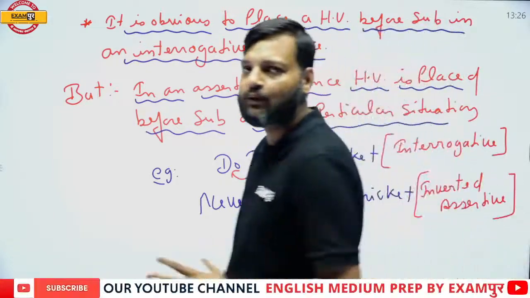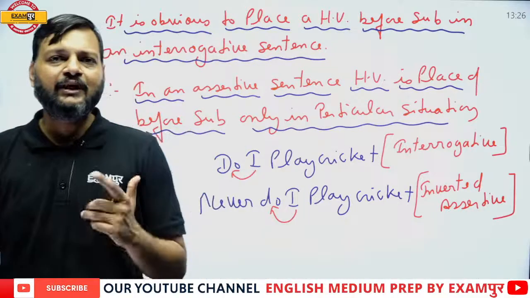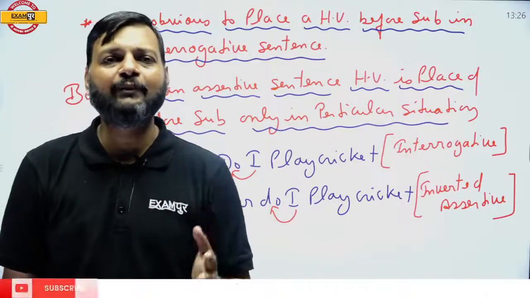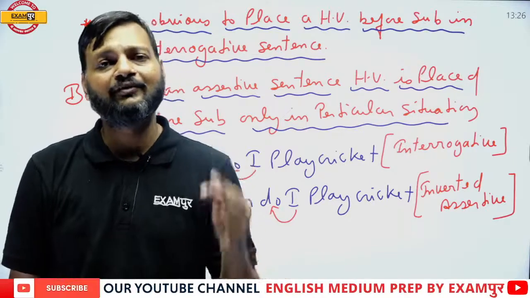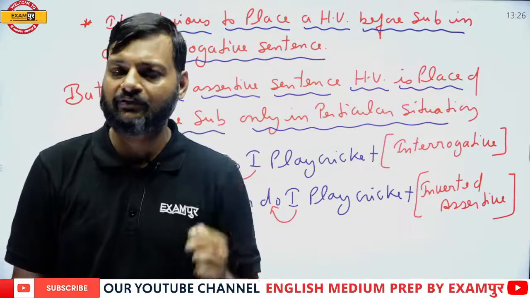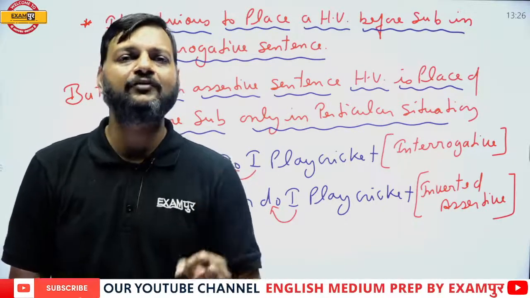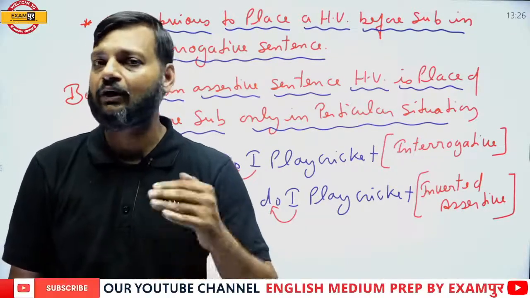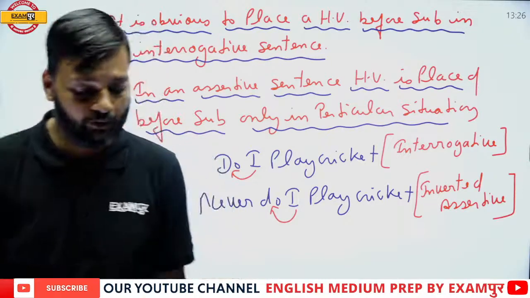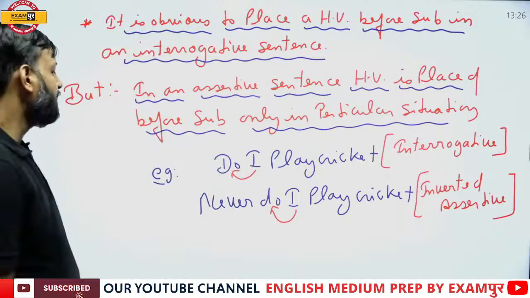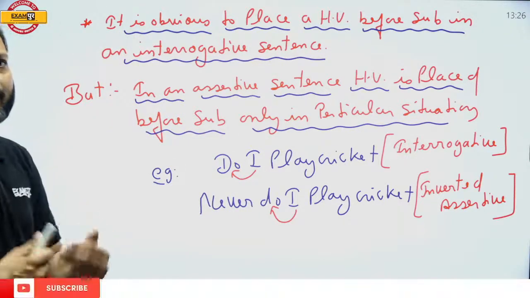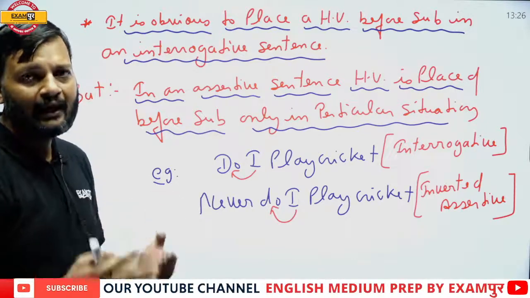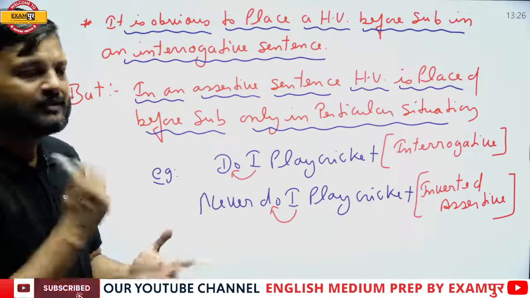I am telling you this because many students think that whenever a helping verb comes before the subject, the sentence will be interrogative, but this is not true. Even in an assertive sentence, helping verb may come before the subject, which is called inverted assertive. Now we have to study what are those conditions when a helping verb is placed before subject.